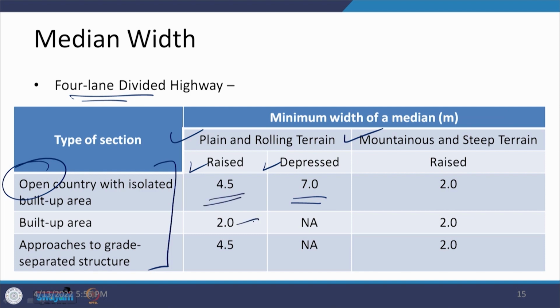If you are in a built up area, it is reduced to 2 meters, and if you are on the approaches to the grade separated structures, then it is 4.5 meters, but when you are on the grade separated structure, then this is again going to be reduced. If it is required, then the minimum is 1.2 meters, if at all that has to be provided. In the case of mountainous and steep terrain, we only go for a raised median, and that is 2 meters wide.